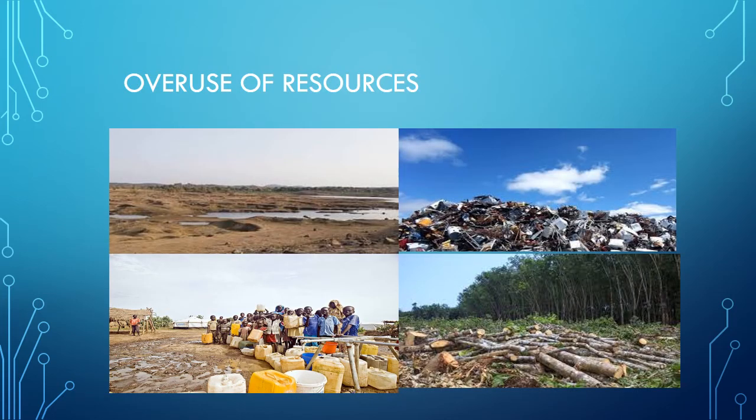Due to misuse and overuse of resources to satisfy human greed, the quality of air, water, and land has deteriorated. Here are the impacts of overuse of resources, such as infertility of soil, land pollution, scarcity of water, and an increase in harmful gases due to cutting down of trees.